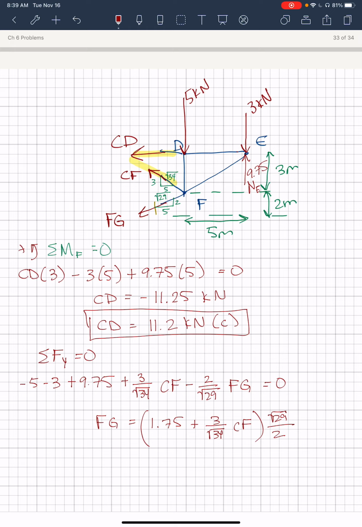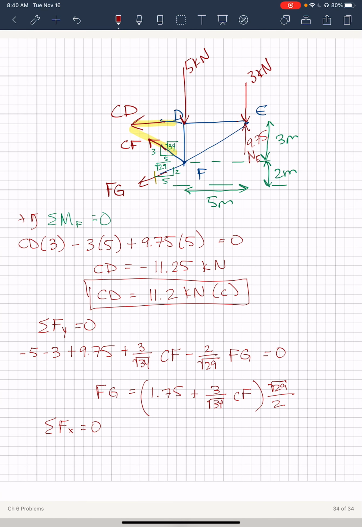And then we can sum the forces in the X direction. And for that, we get CD, which is in compression, so it's actually to the right. So that's 11.2. And then 5 kilonewton forces in the Y direction, the 3 and the 9.75 are in the Y direction.